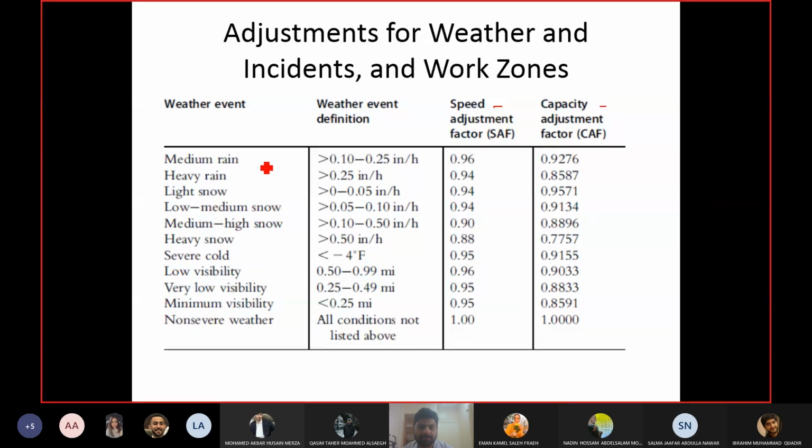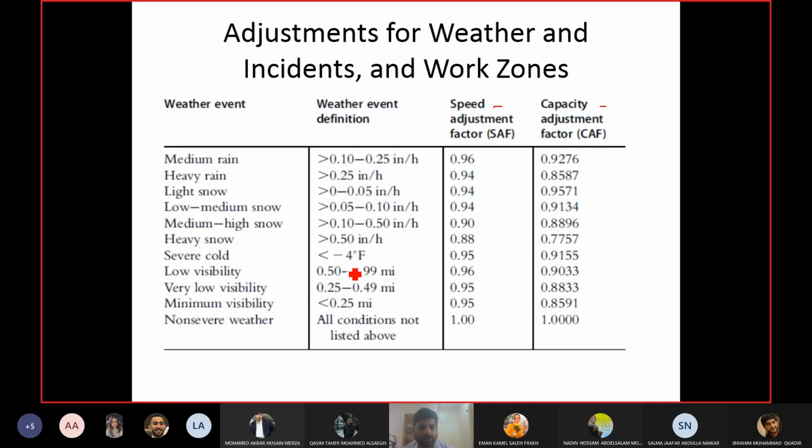So what does it mean? Medium rain, what does it mean? If the rain is between this range, then it's medium. If it is more than 0.25 inch per hour, it is heavy, and so on. So we have rain conditions here, and snow conditions here: low to medium snow, medium to high, heavy snow, and severe cold.